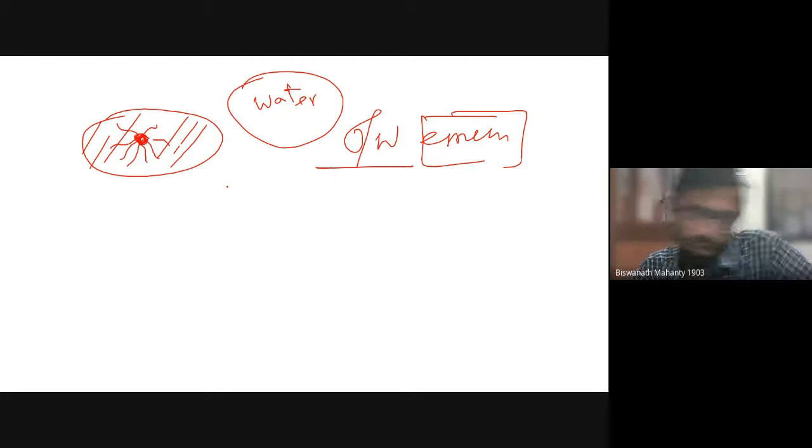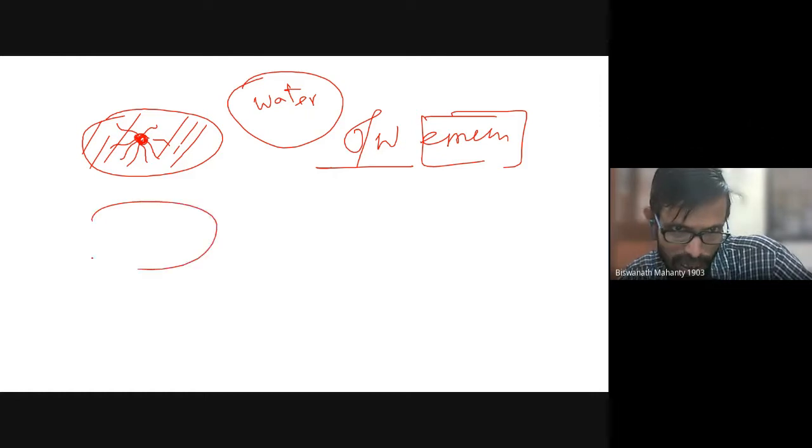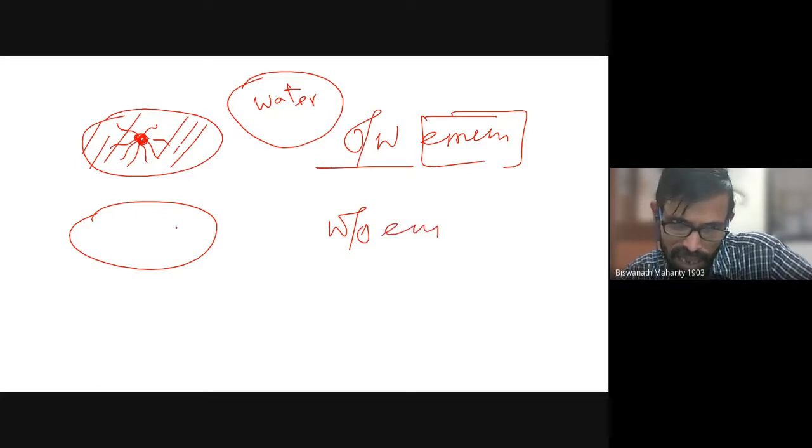Nowadays, we can also have nylon membrane, polystyrene membrane, those kinds of filter paper. And I can test for the other emulsion type also. Water in oil emulsion you can also test if the surface is hydrophobic.